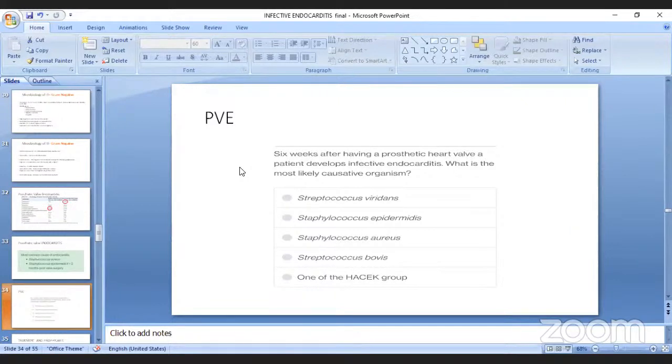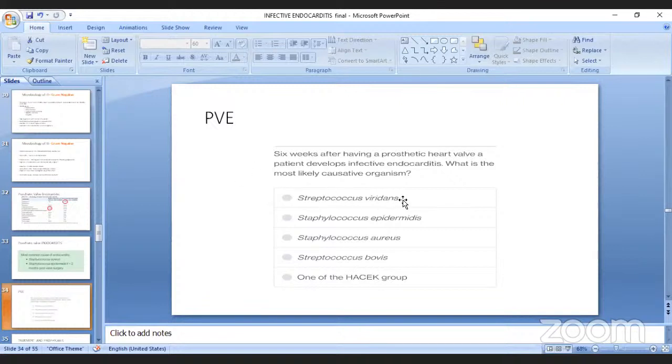So, what did I tell you? If it is less than 2 months, then it is Staphylococcus epidermidis. So your correct answer is Staphylococcus epidermidis. And after 1 year, Streptococcus will take place. The other way of seeing this question is, it cannot be Streptococcus, because Streptococcus will cause infection after 1 year.